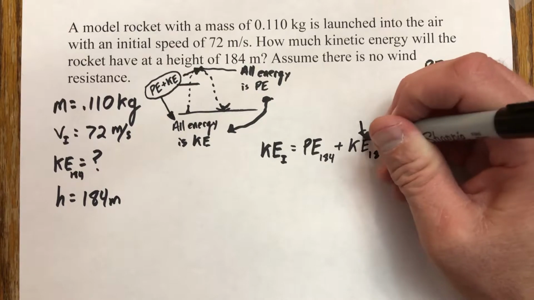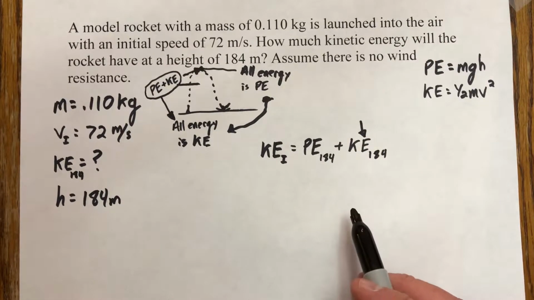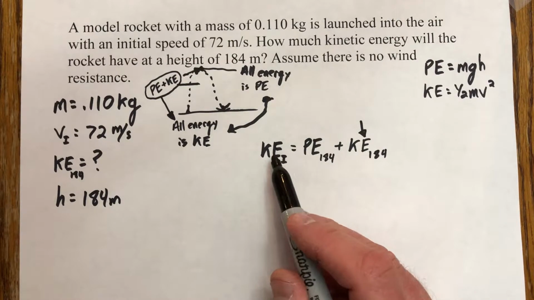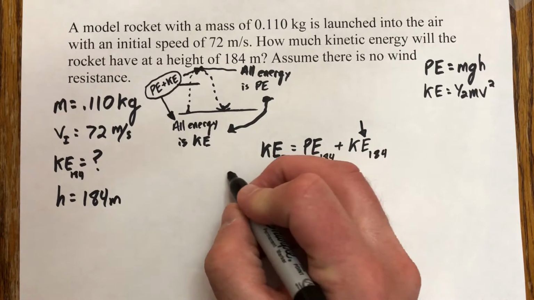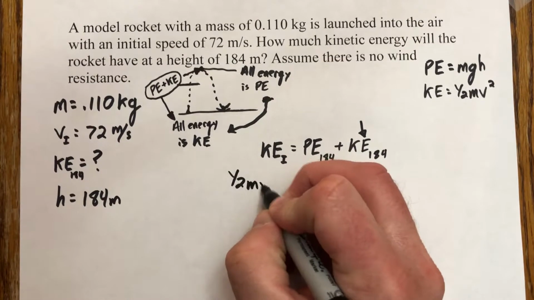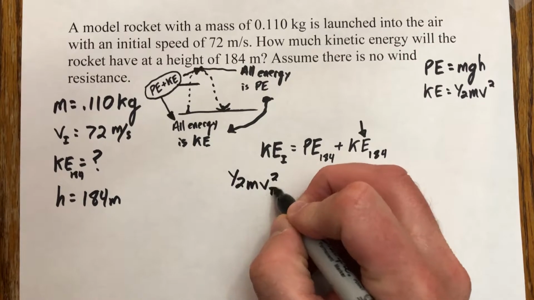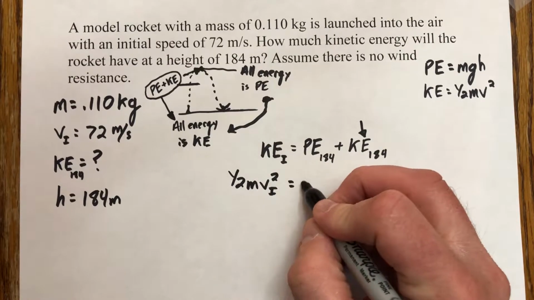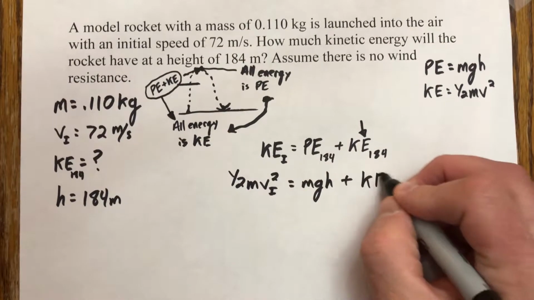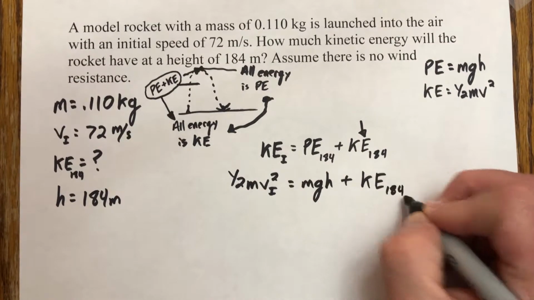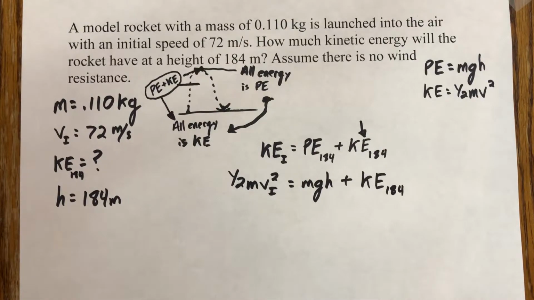We're trying to find this kinetic energy at 184. So I'm going to plug in my kinetic energy equation for this and my potential energy equation for this and see what we get. 1/2 mass times velocity squared, and that's initial, remember, equals mass times gravity times height plus that kinetic energy at 184 meters above the ground.